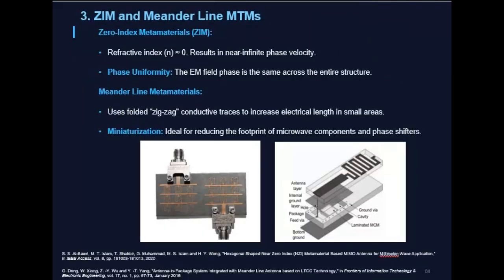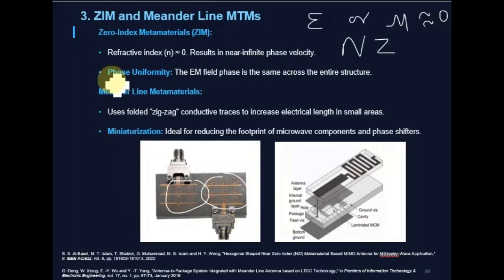The next structures are the zero index material and the meander line structure. In a zero index material, the value of epsilon or mu is nearly equal to zero, so it is also called a near zero material. Again, they have periodic structure, as you can see here.